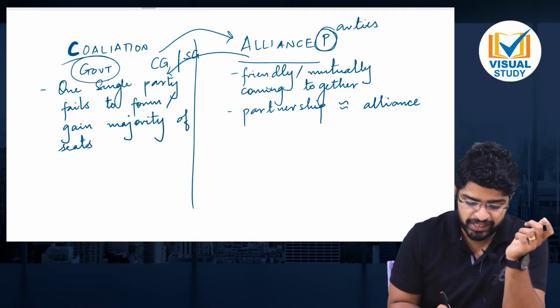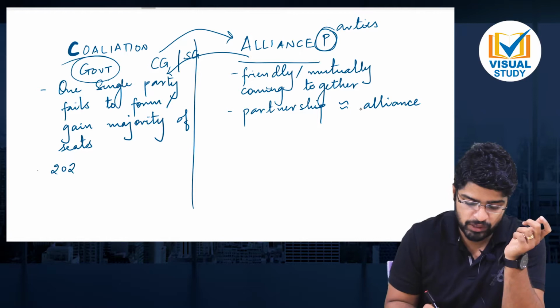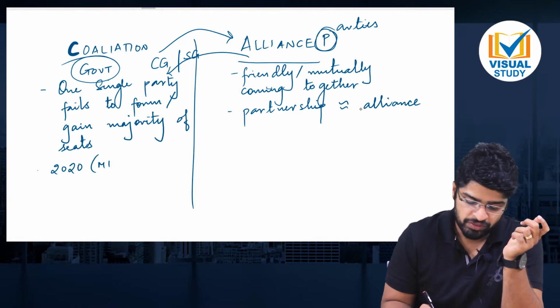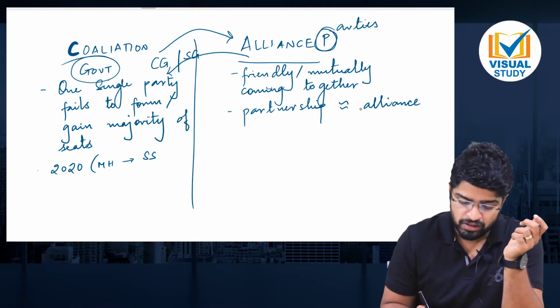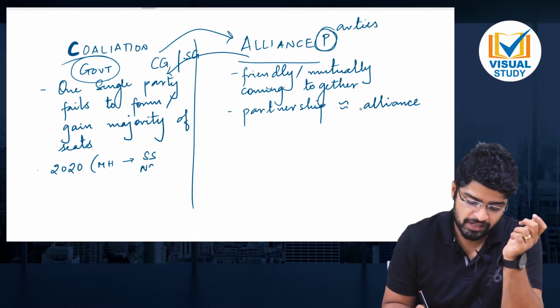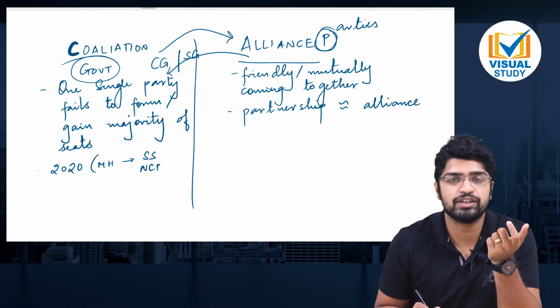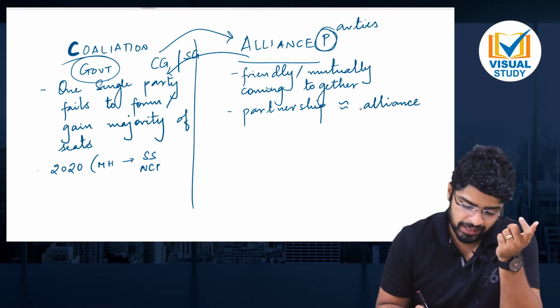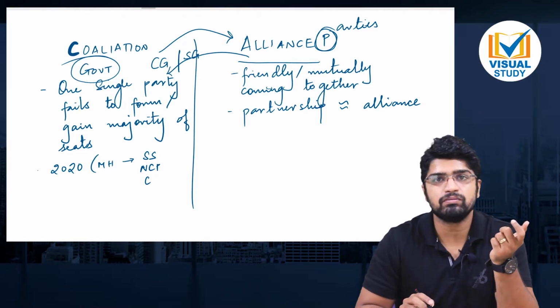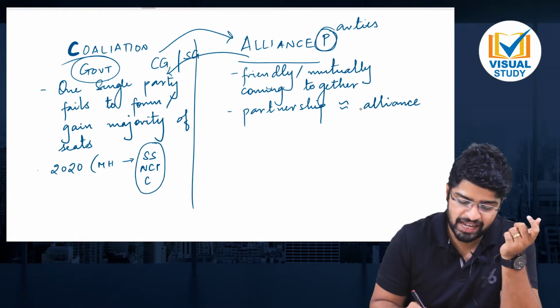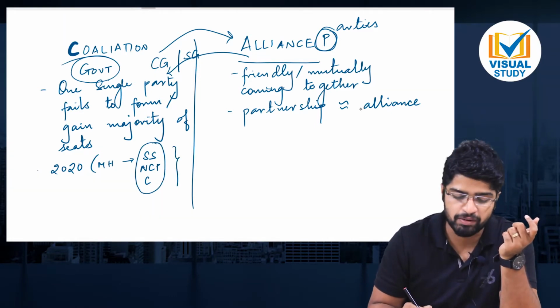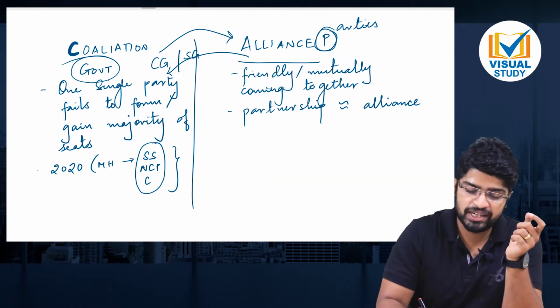Even today, in 2020, in Maharashtra there is a coalition government of Shiv Sena, the National Congress Party, to be specifically known as Nationalist Congress Party, and Congress. Clear? All these three parties have come together and formed their own government, called a coalition government.